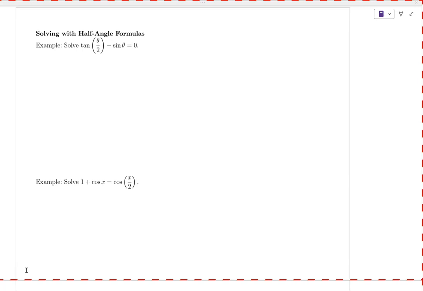Let's look at this one. Notice I've got a different argument inside my tangent than was inside the sine. So I probably should try to use one of our formulas for tangent, the half angle formula for tangent in particular, to see if we can rewrite this. What is one of the forms for the half angle formula for tangent?